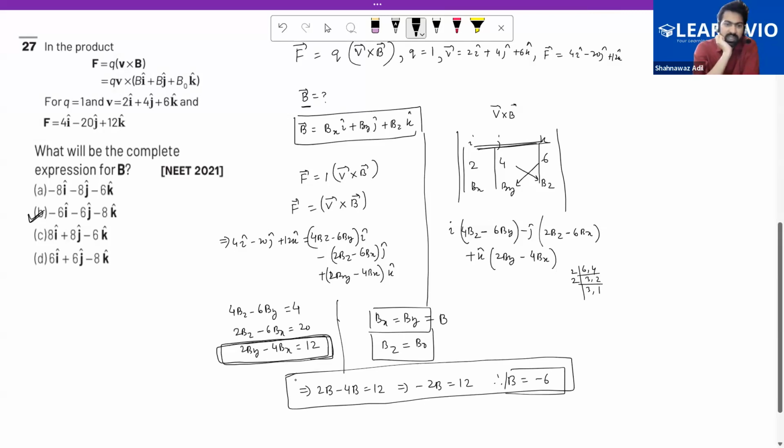So quickly note this thing down, and then we will do the next question. If you guys have any doubt, you can ask. Whenever you guys have noted, please tell.